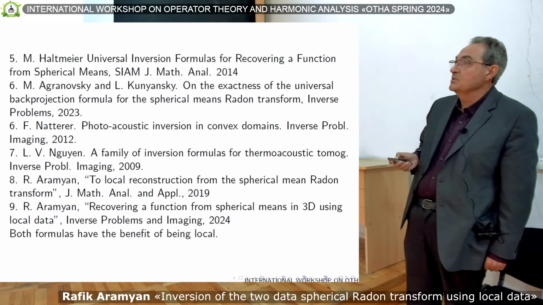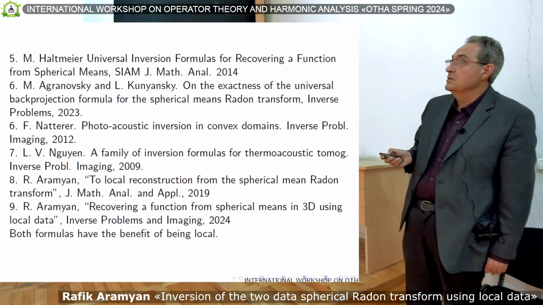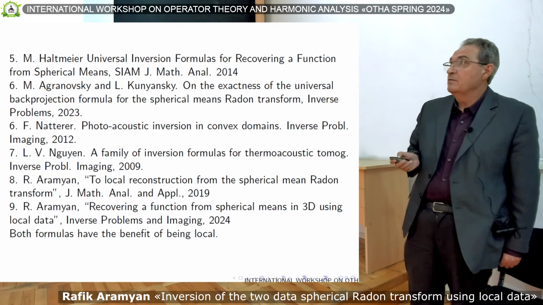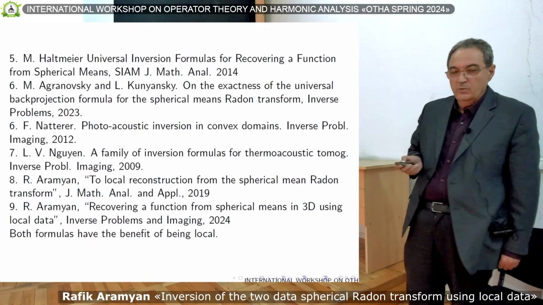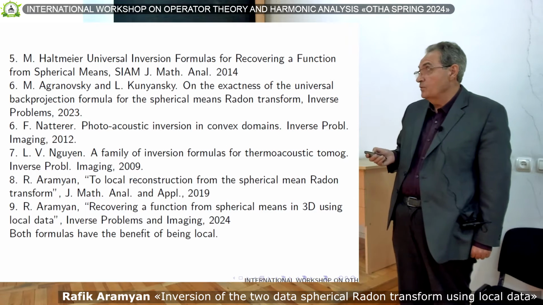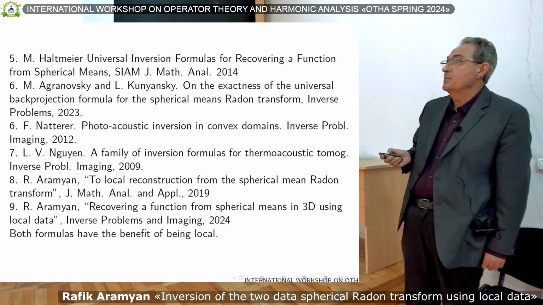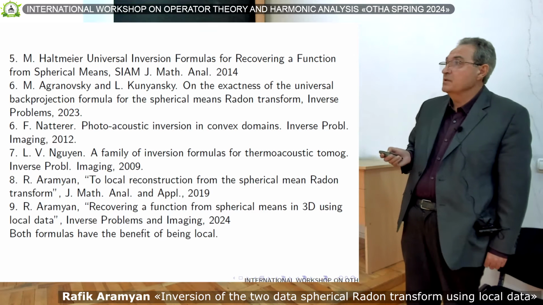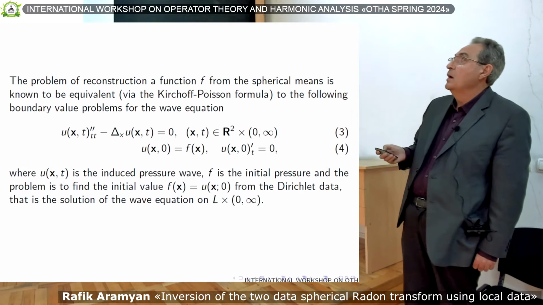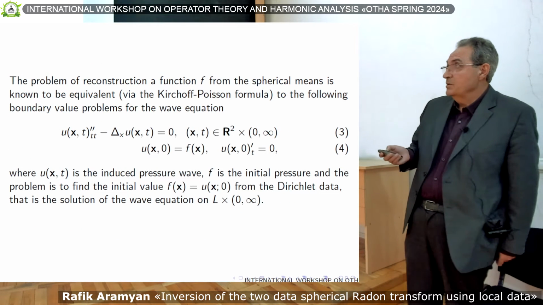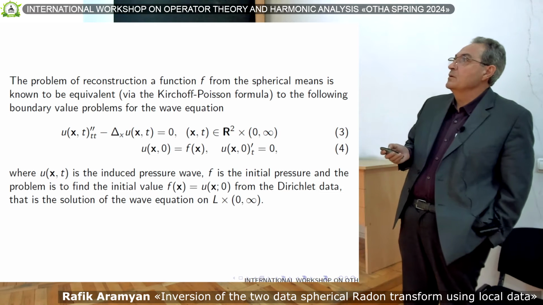In 2D and three-dimensional cases, these formulas allow us to reconstruct the unknown function using local data. So both formulas have the benefit of being local. I will come back to this later. Maybe it is most interesting for you.